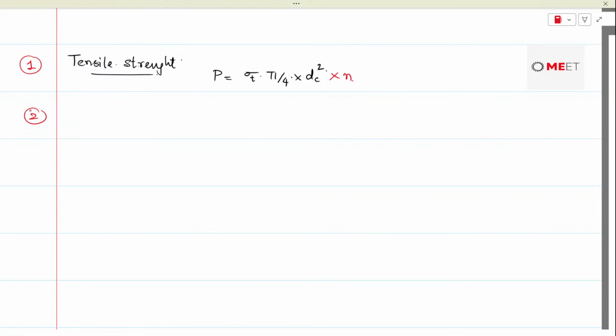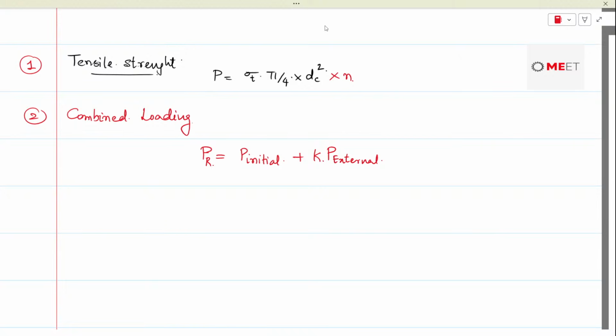Another kind of problem where you can expect a question is combined loading, that is tensile strength. But here the tensile strength is equated against P equal to the resultant load, that is the initial load P initial plus P external into stiffness factor or stiffness constant.